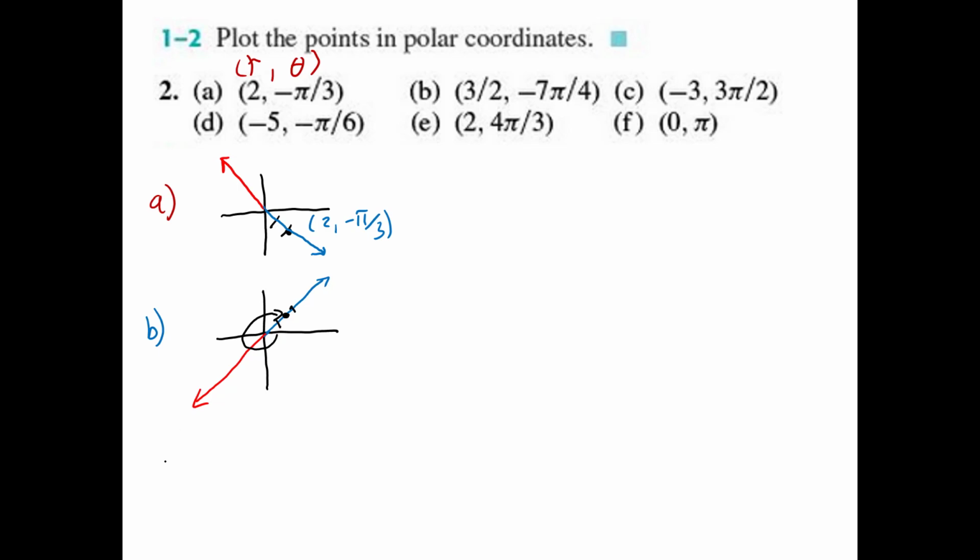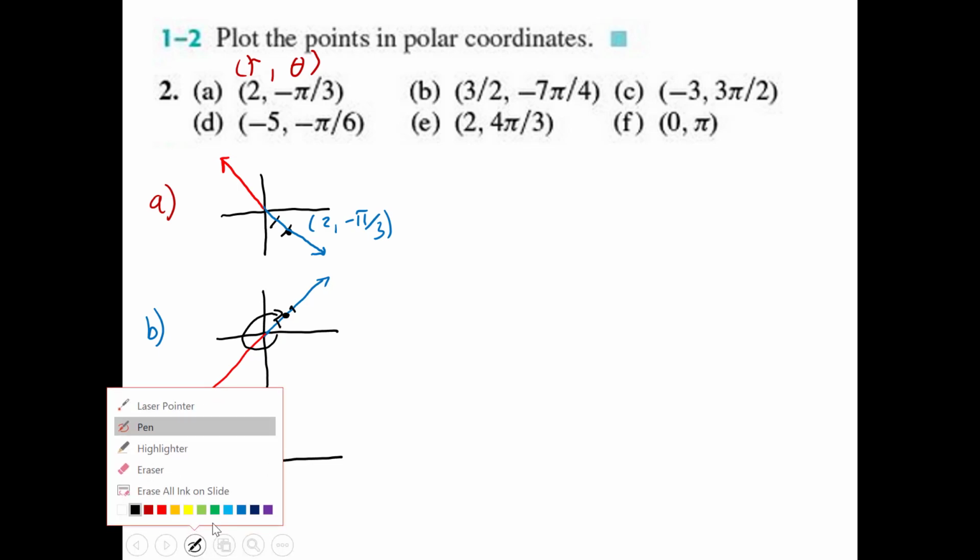For C, you have negative 3 pi over 2. So first you rotate 3 pi over 2. So 3 halves, 1 half, 2 halves, 3 halves.